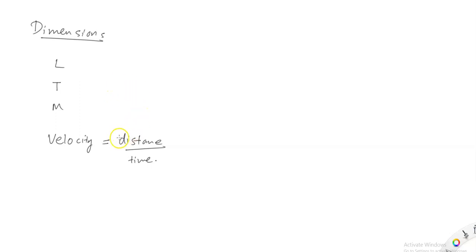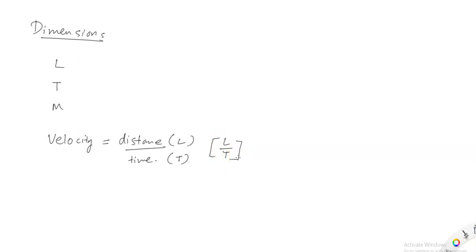Now velocity is a quantity, and when we analyze the dimensions, we see that inside velocity we have distance, which is a length, and time, which is t, right? So dimensions of velocity, L over t. We use capital letters to indicate dimensions.